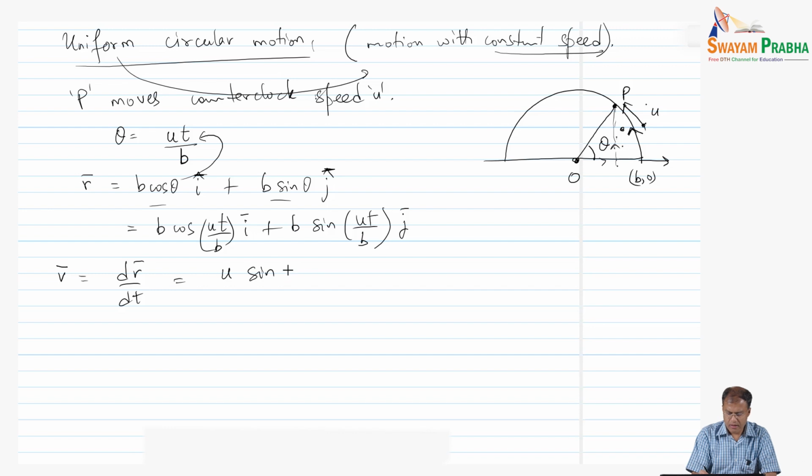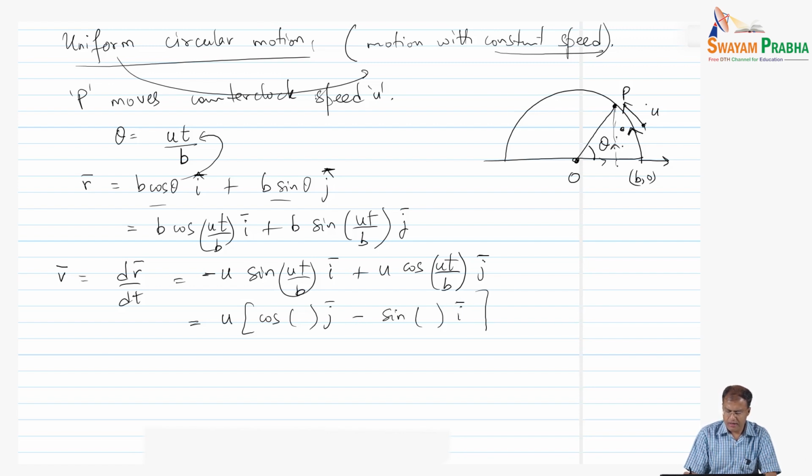This gives u times sin(ut/b) with a minus sign, i, plus u times cos(ut/b), j. We can simplify this a little bit more by noting that this is equal to u times cos of this angle j minus sine of this angle i, right?